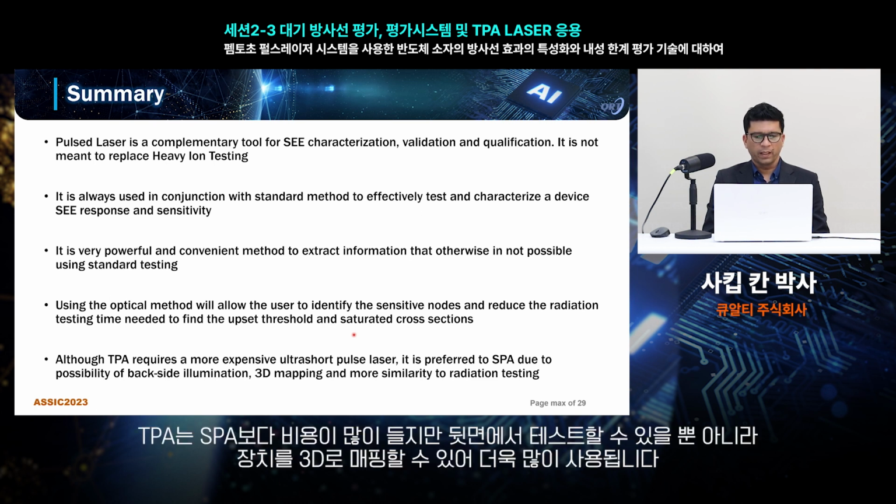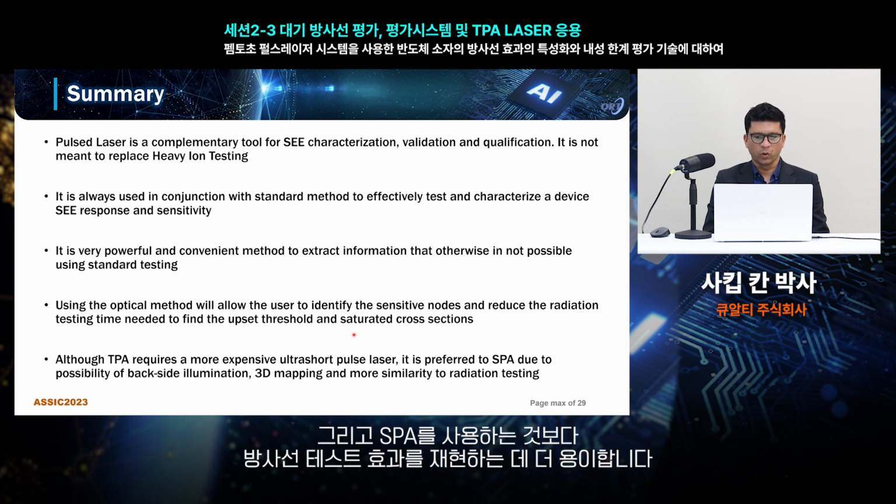And a TPA, although it is more expensive than the SPA, is preferred because of its utility for backside testing, as well as the 3D mapping of the devices, and it is closer to reproducing the effect of radiation testing than we can do using SPA.